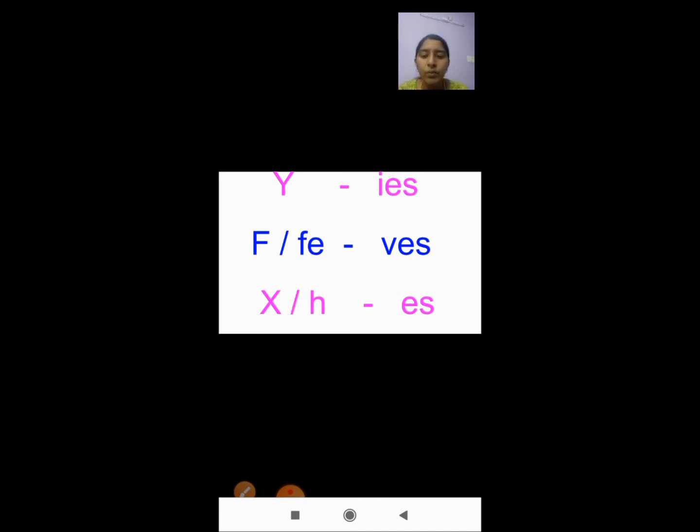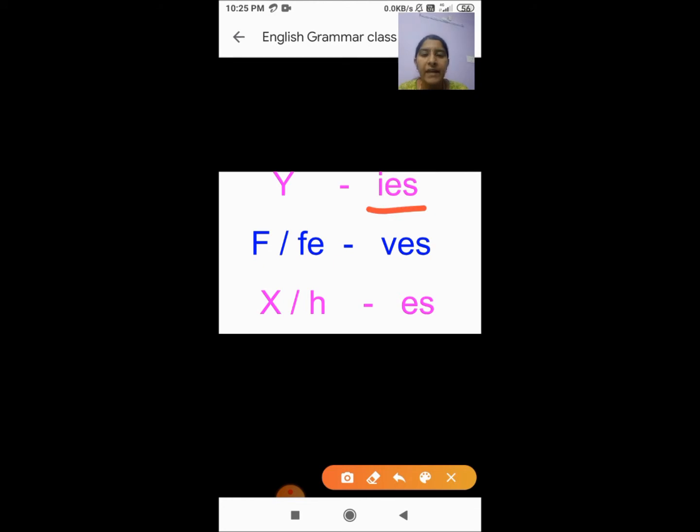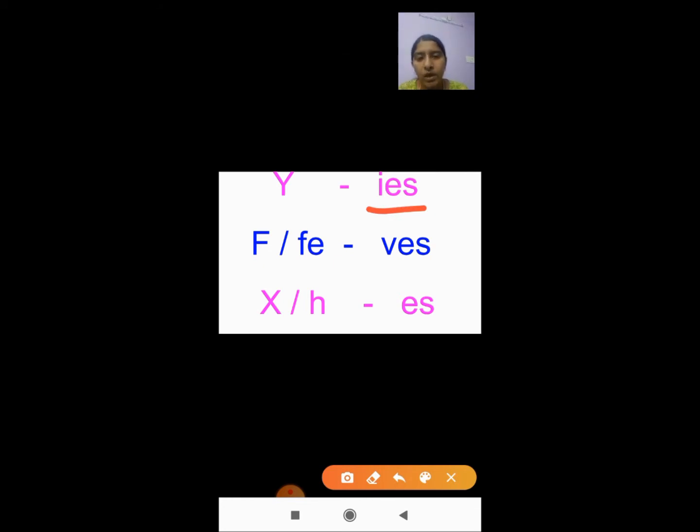And in the same way, when you see F or FE at the last, we are going to remove the F or FE and add VES.